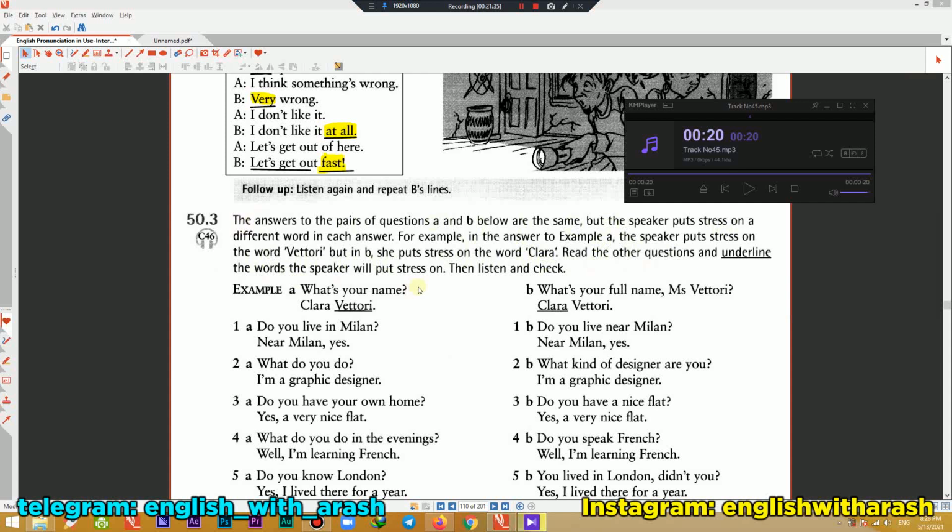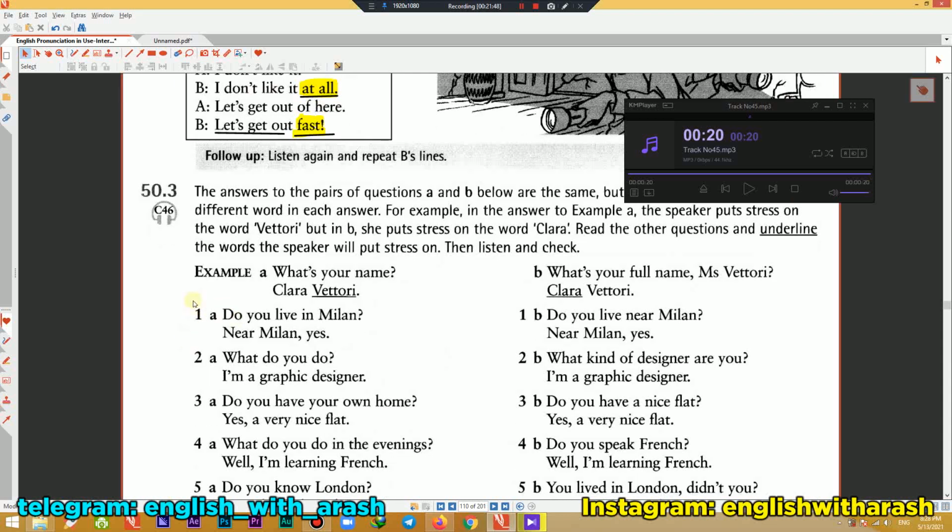So before we listen, with all the information that I gave you today, you need to be able to guess which word has to be stressed. An example is here. A says, what's your name? Clara Vittori. Vittori is stressed here, for example. Or here it says, do you live in Milan?